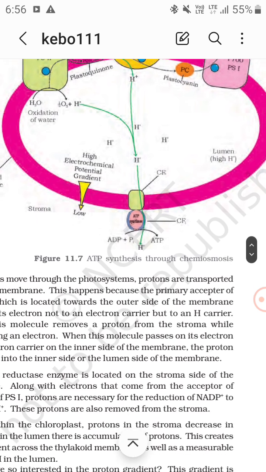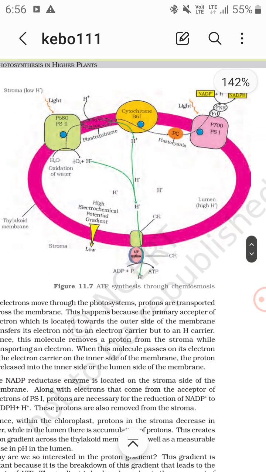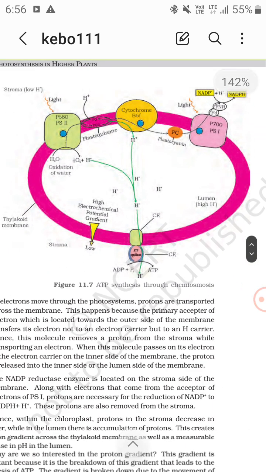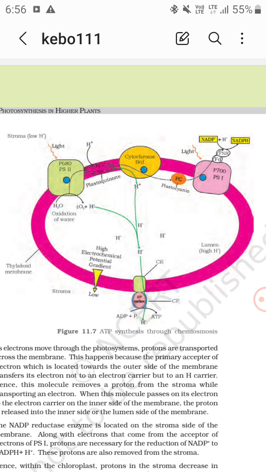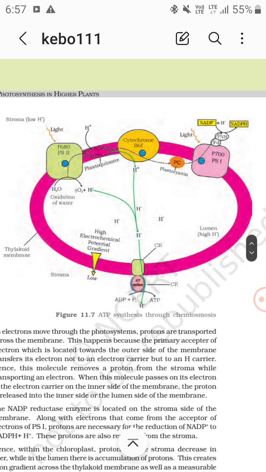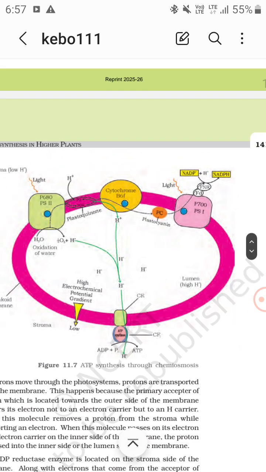Okay, so when hydrogen passes through it, there is formation of ATP, and when the electron of water is accepted by the PS2, that is P680 reaction center of chlorophyll A, then it passes electron to plastoquinone, then cytochrome b6f complex, then plastocyanin, then PS1, that is P700, then FD and FNR.